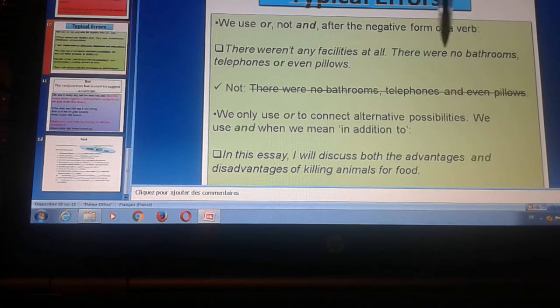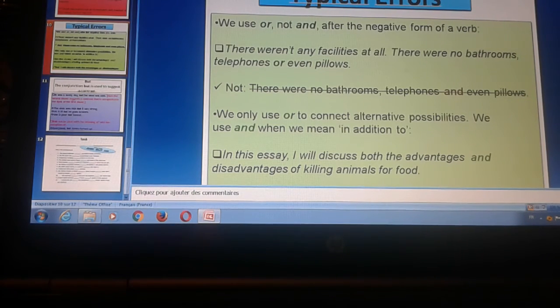There weren't bathrooms, telephones, or even pillows. Now here, as you notice, we have a negative form, so I'm going to use or. I'm not going to say there were no bathrooms, telephones, and even pillows. No, false. Here we must put or because we have a negative form.